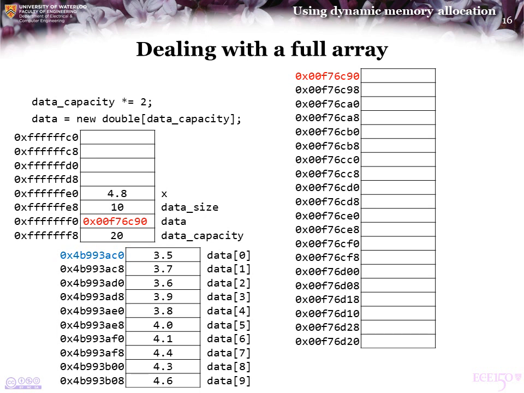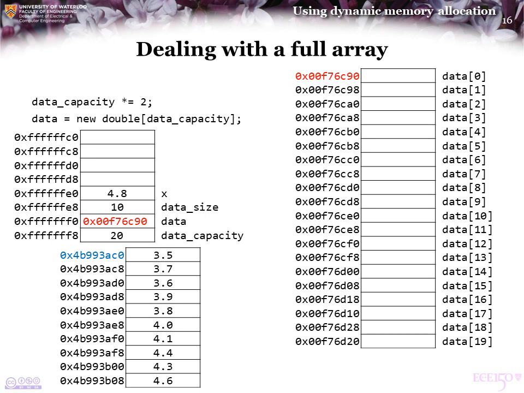Okay, now, do you see a problem here? We'd like to copy the old data into the new array, but unfortunately, we no longer have that address. So we no longer have the address 4B993AC0.